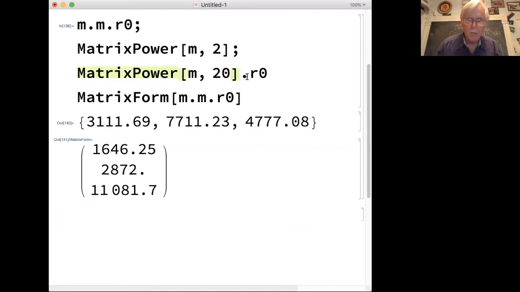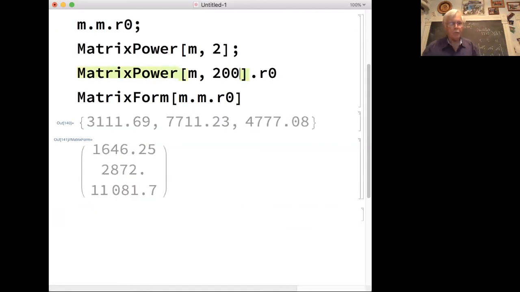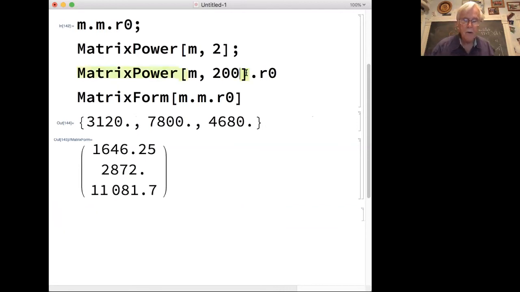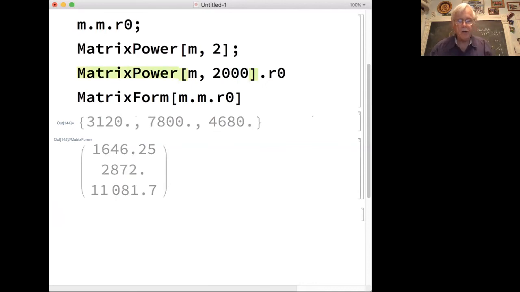Let's take a look at what would happen after 200 years. Now, keep these numbers in mind. They're going to change. We had 3,111 before. Now we had 3,120, so there's very little change between the 20th year and the 200th year. We could try the 2000th year.